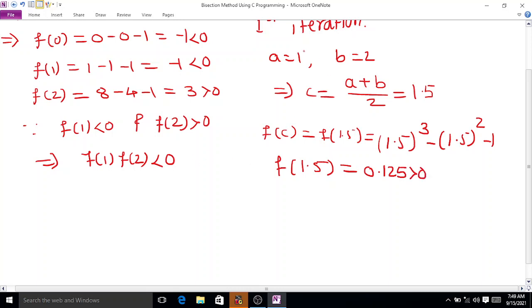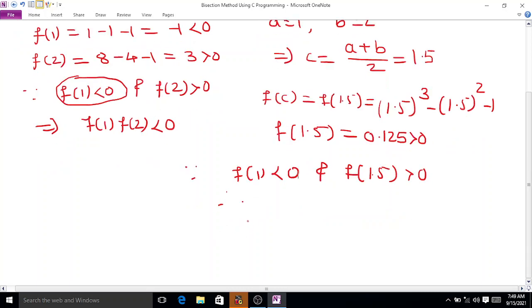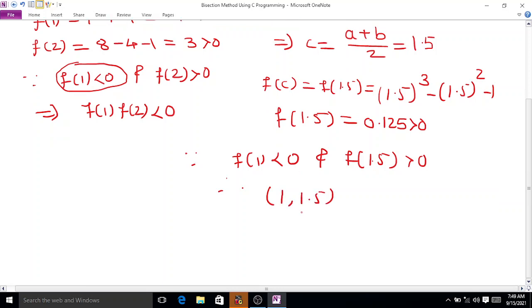Now, from the previous interval, f(1) is less than 0. Since f(1) is less than 0 and f(1.5) is greater than 0, the root lies between 1 and 1.5.